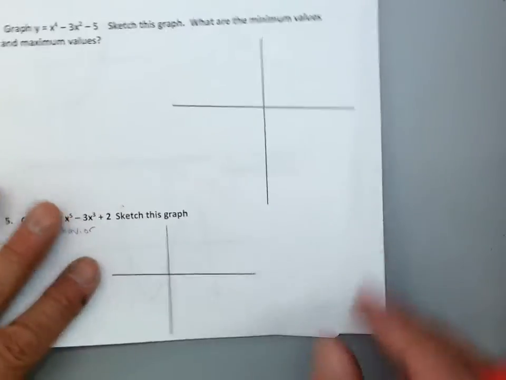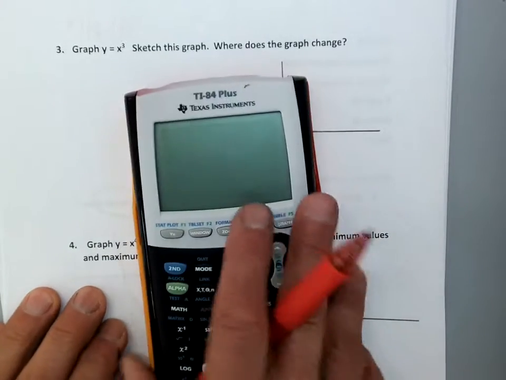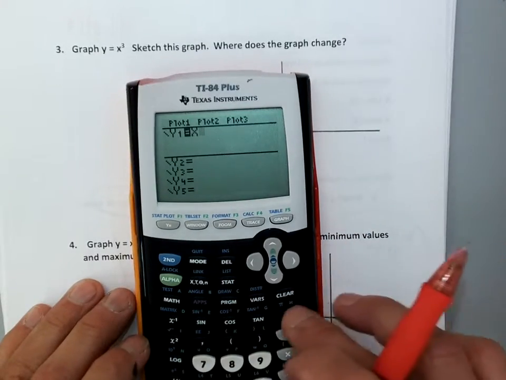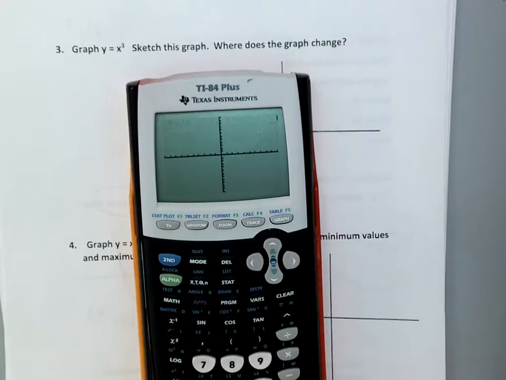Turn the page, okay, the x cubed. Same thing. We're going to go to our calculator, go ahead and put in y equals, clear that, x to the third power. Okay, and graph.